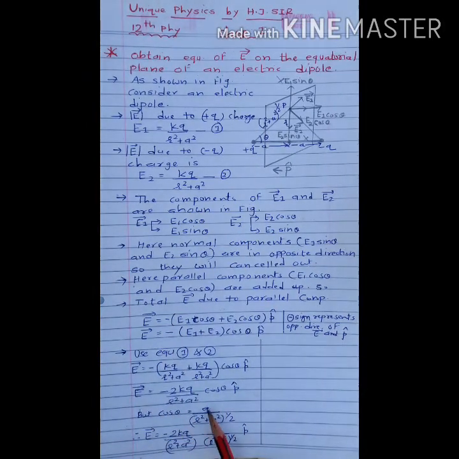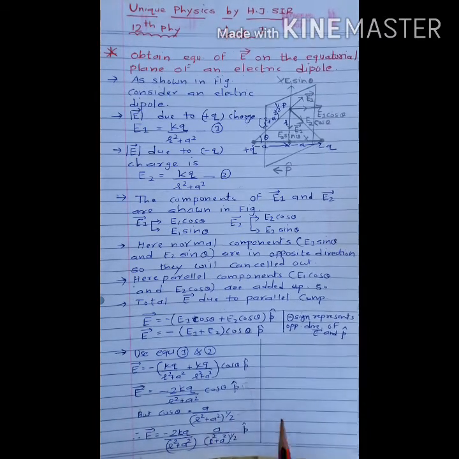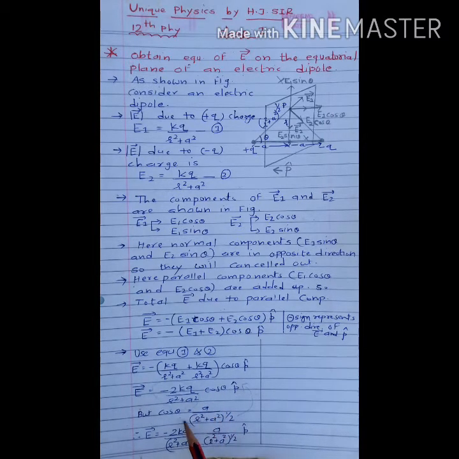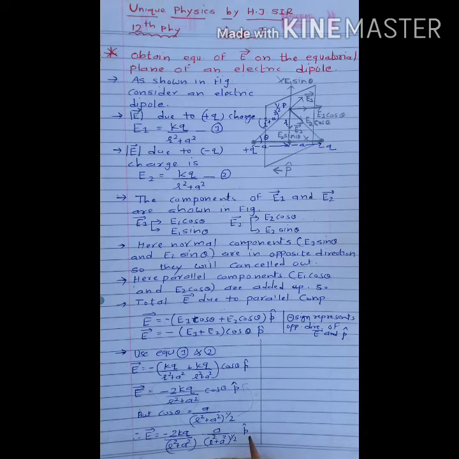So cos theta is equal to A upon R square plus A square raised to 1 by 2. Now put this equation in this step. So vector E is equal to minus 2KQ upon R square plus A square as it is, into cos theta. Instead of cos theta we will use A upon R square plus A square raised to 1 by 2, into P cap.